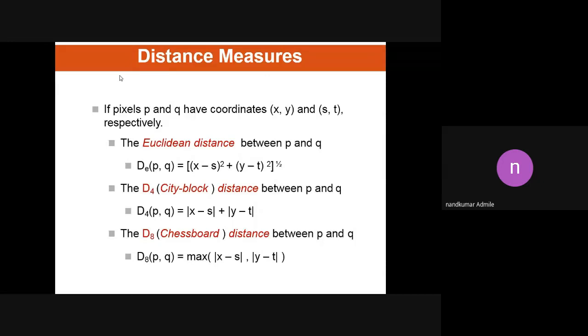The pixel P has coordinates X and Y, and the pixel Q has coordinates S and T. Okay, clear? By using these three distances, we can calculate the distance between two pixels. Okay, clear?